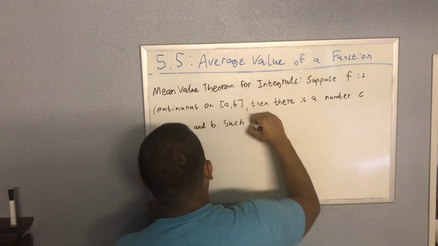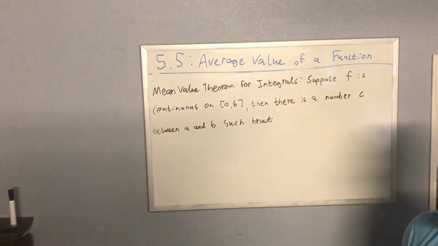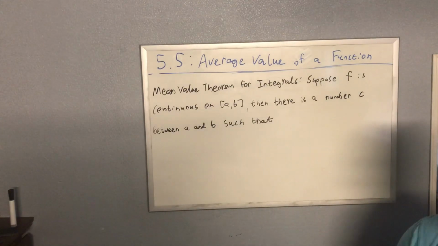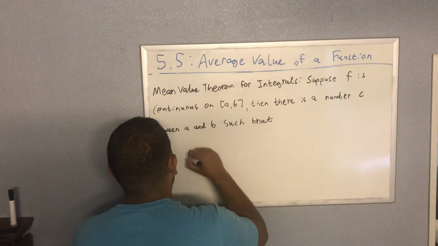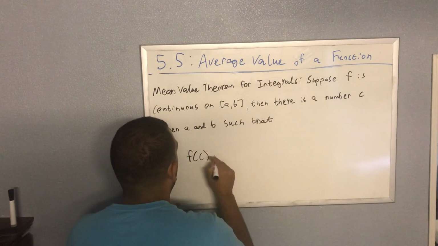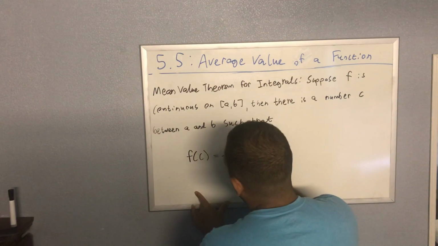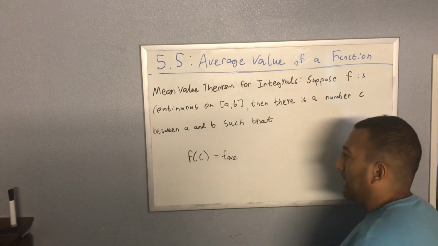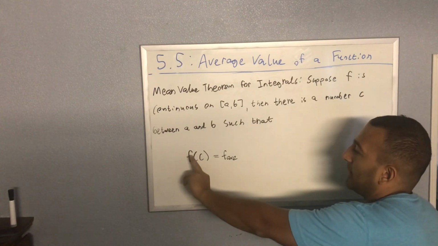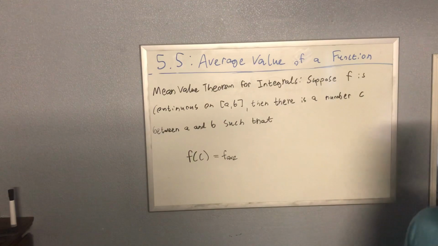such that, again, there's some number between the two endpoints such that when you stick that number into the function, that is the same as the average value. So that this input has the output of the average value, which makes a lot of sense, right?